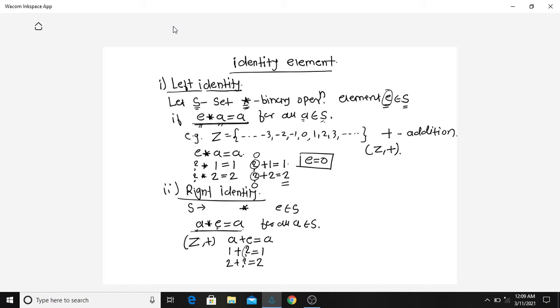If you replace this question mark by 0, then 1 plus 0 gives you 1, 2 plus 0 gives you 2, and hence the value of E becomes 0, and my right identity becomes 0.